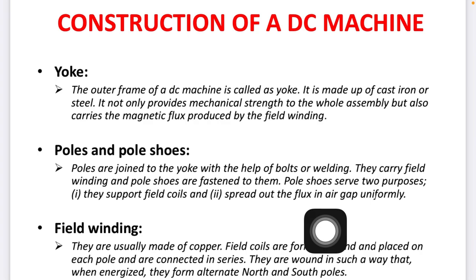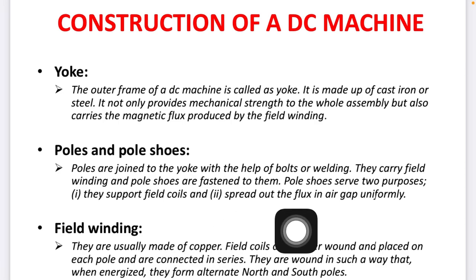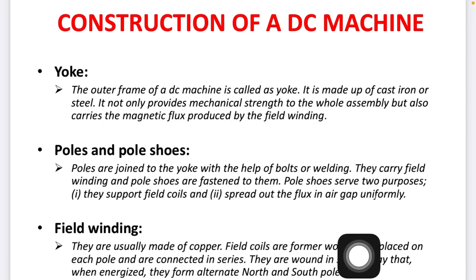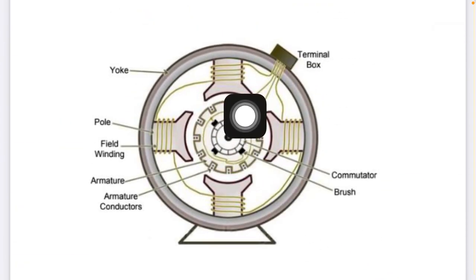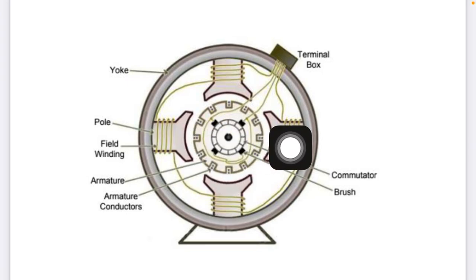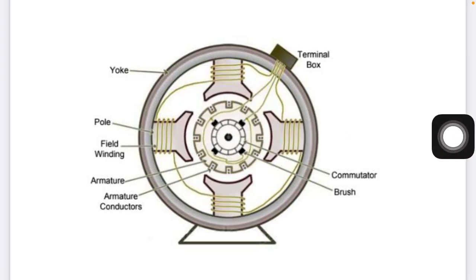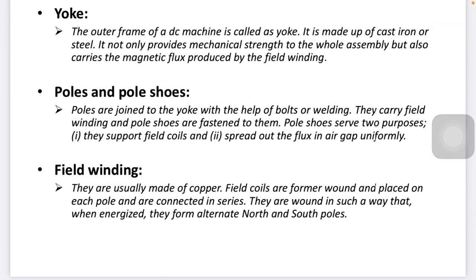The pole shoe serves two purposes: first, it supports the field coil; second, it spreads the flux in the air gap uniformly. You can see the gaps are uniform, not larger in one place and shorter in another, so the flux is uniformly distributed.